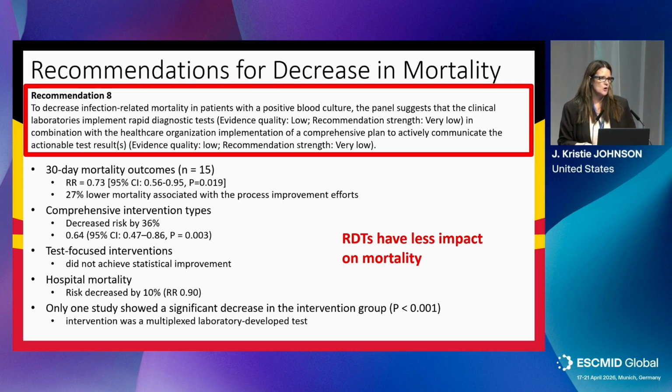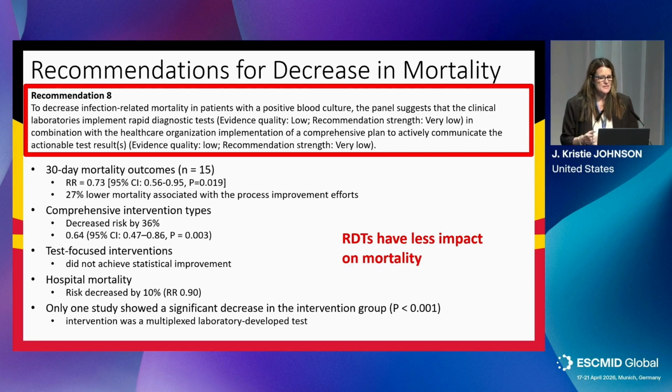Really what we saw the most in the literature that was significant was 30-day mortality. And so we saw a 27% lower mortality associated with these process improvement efforts around rapid diagnostic testing with bloodstream infections.